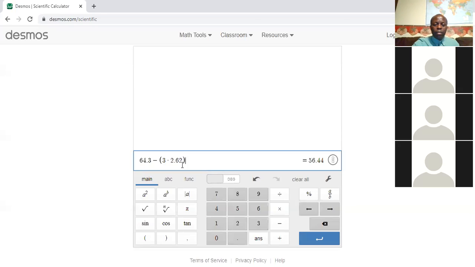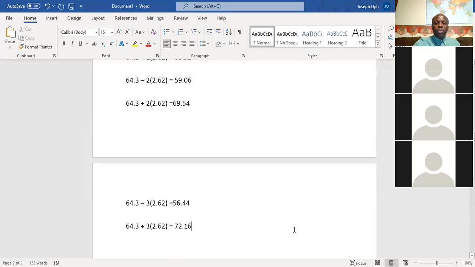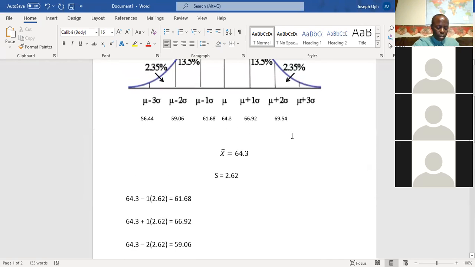So I'm going to make this a plus sign. I get 72.16, which is right here.